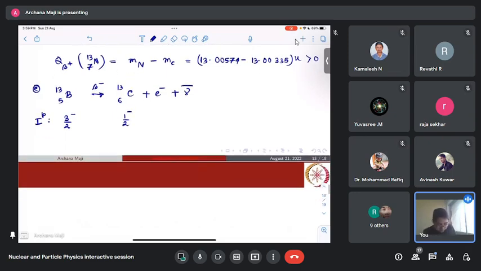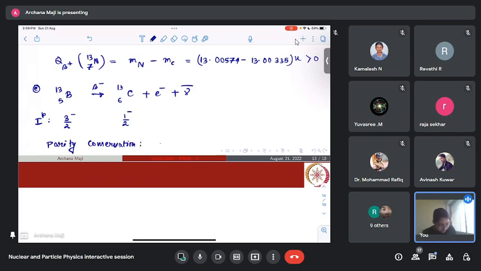So there is no parity change, and therefore minus 1 to the power L will be, okay, let me do it properly. I am doing parity conservation here.